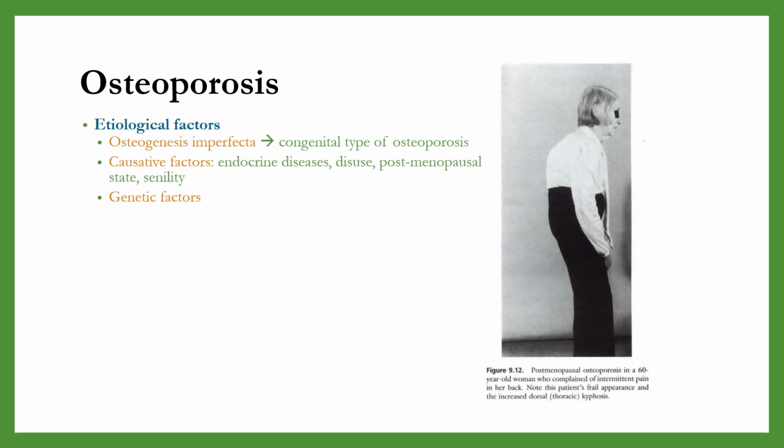An etiological factor of osteoporosis is osteogenesis imperfecta, a congenital type of osteoporosis. It could also be caused by endocrine diseases, disuse, postmenopausal state, and senility. There are also genetic factors involved.